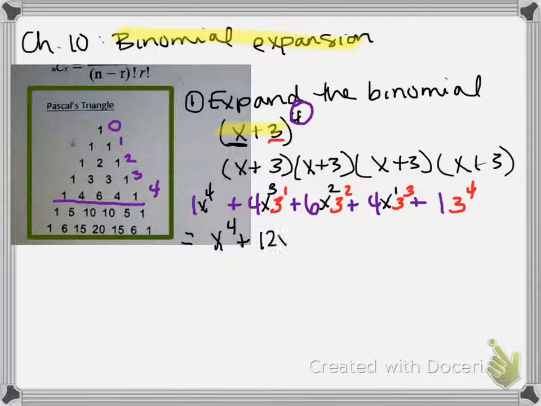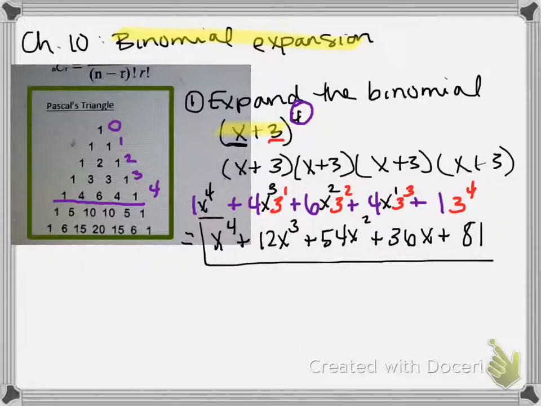That's 12x cubed. Plus 3 squared is 9, so I'm going to have 6 times 9, that's 54x squared. Plus 3 cubed is 27. 27 times 4, that's going to be 108x, plus 3 to the fourth, which is 81.